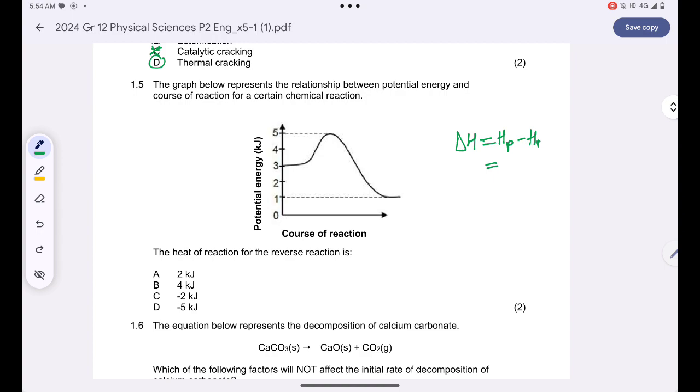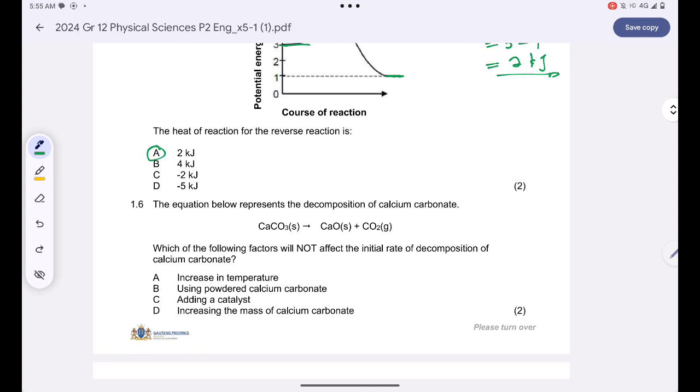So if my reverse reaction starts here and ends there, the heat of the products is equal to 3 kilojoules, and the heat of our reactants was simply 1 kilojoule. So this is just 2 kilojoules. Are you together? So the correct answer will be A, positive 2 kilojoules.